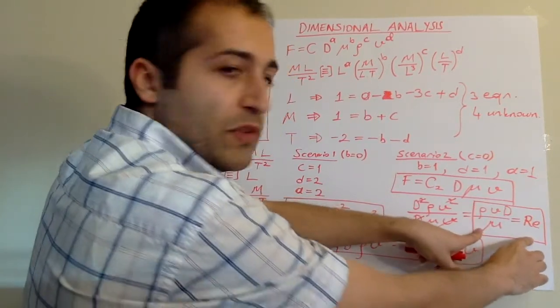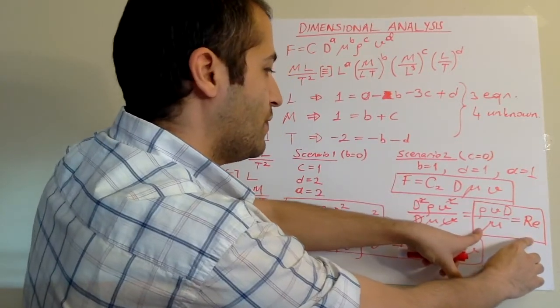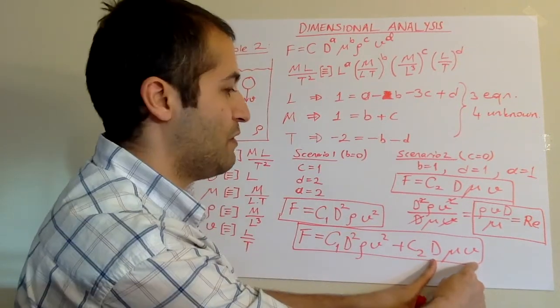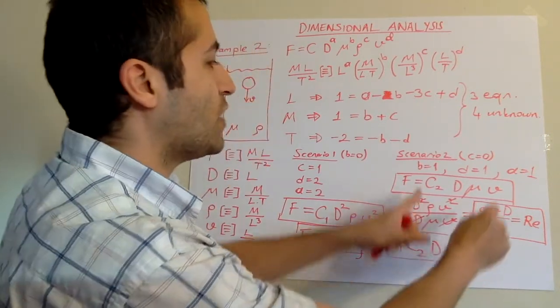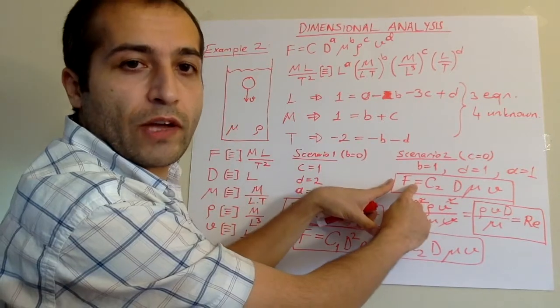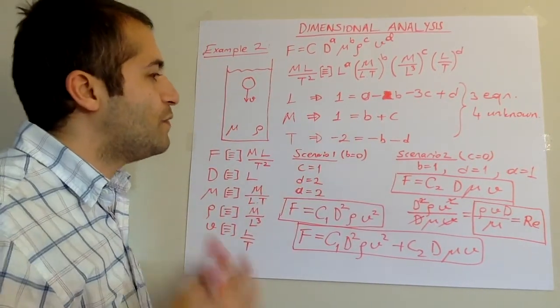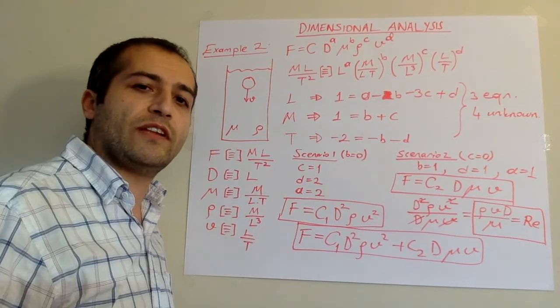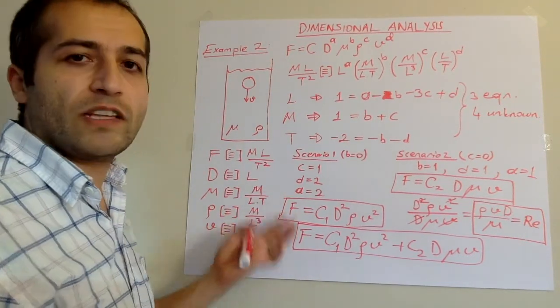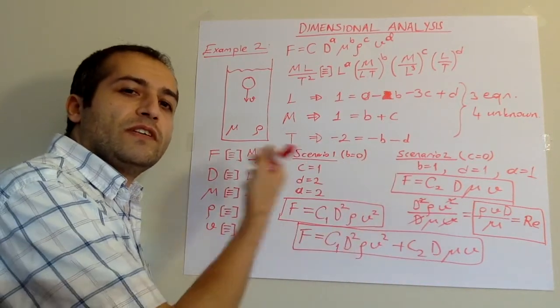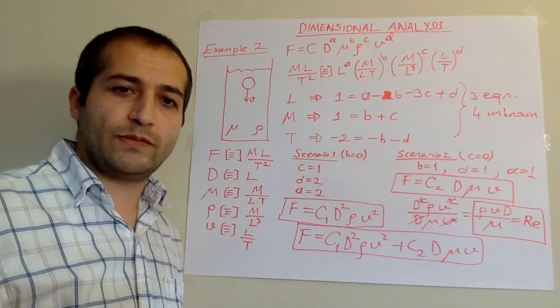If this Reynolds number is very low, very small, the contribution of this one is small, but the contribution of this one is very large, which means that you can take this formula as the drag force. So isn't this very interesting that this dimensional analysis gave us some insight about the problem, which gives us two different formulas in two different physical mediums?